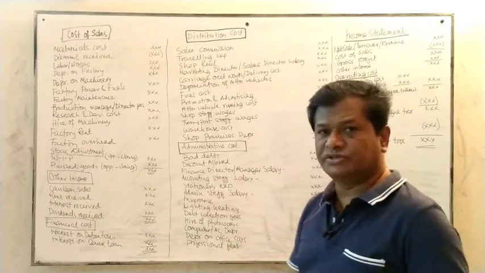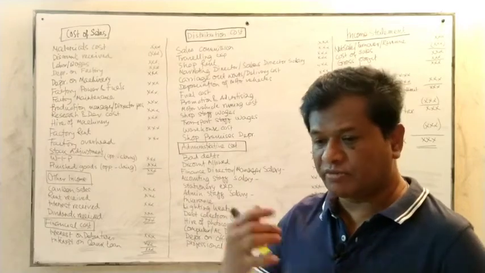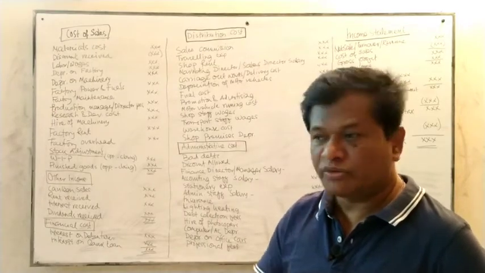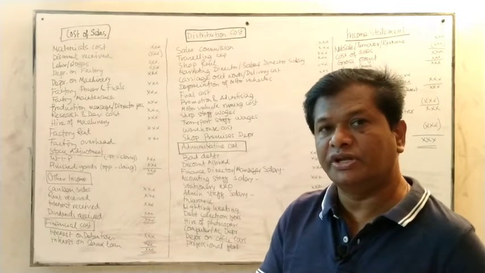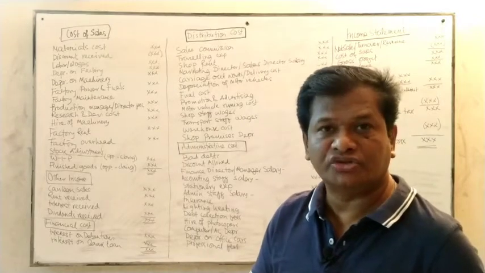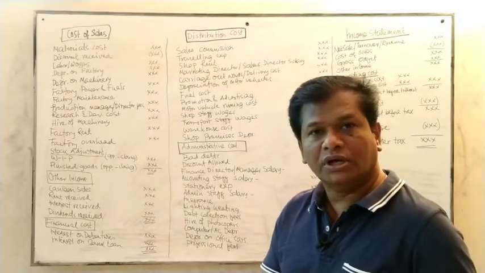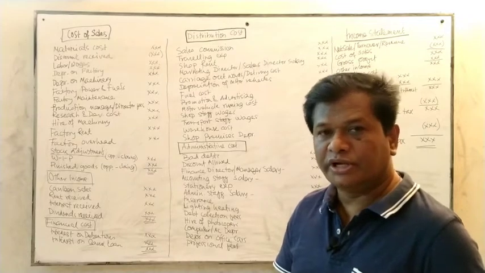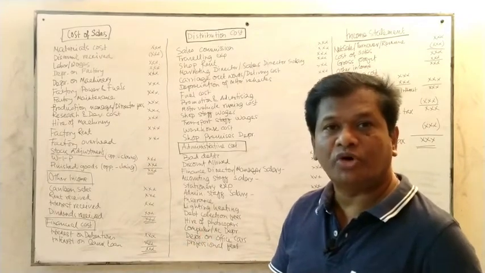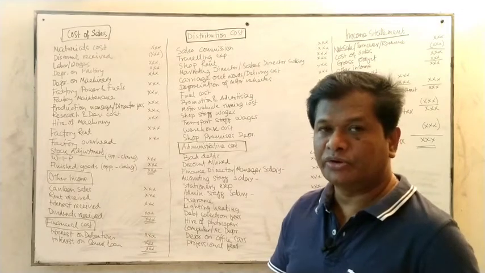Debt collection fees. These are other elements. Sometimes you are going to sue some of the customers, and maybe that person is using many tricks so that they can avoid the payment to you. This time you can appoint some organization or some agent to collect your debt.